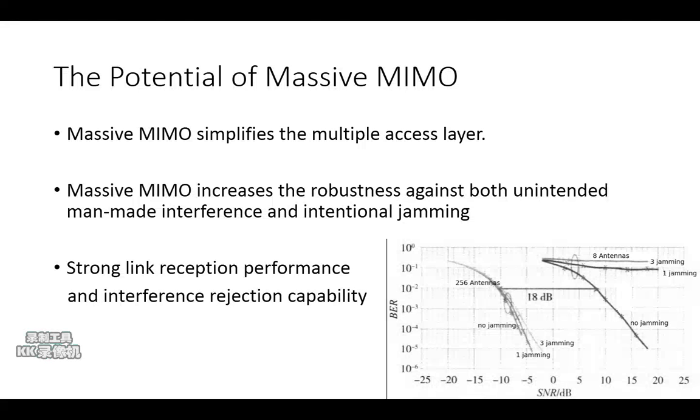Massive MIMO increases robustness against both unintended man-made interference and intentional jamming. Intentional jamming of wireless systems is a growing concern and a serious cybersecurity threat that seems to be little known to the public.